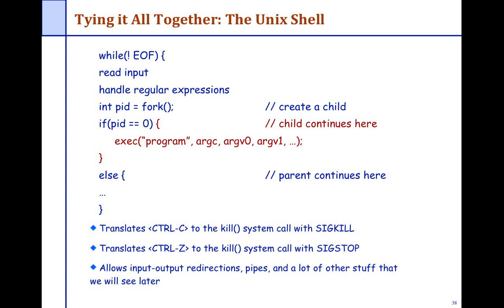You handle regular expressions, whatever special calls the shell is expected to handle, and then you fork. Anytime you want to start running a new program, the shell itself is running separately, and you fork. And then with the fork call, if the PID is 0, which means it's a child, it starts executing the program.